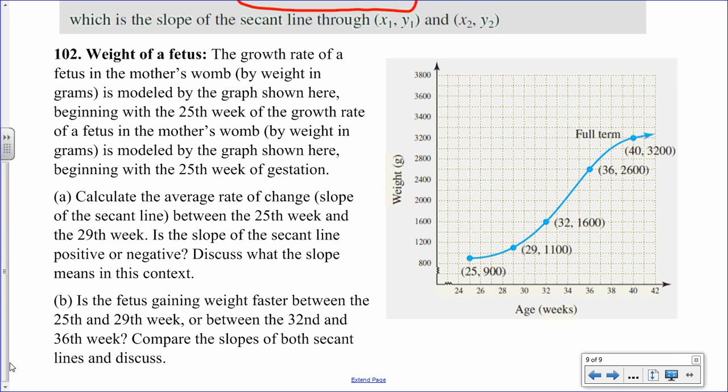So calculate the average rate of change, which is the slope of the secant line, between the 25th week and the 29th week. So I'm wanting to know the slope of, like if I were to draw a line, so that's the secant line. I want to know what that slope is. That's what it's asking me. And then I want to discuss what it means. So I use the slope formula, and I'll go ahead and use n.